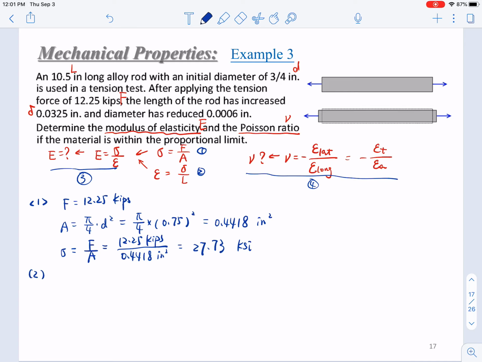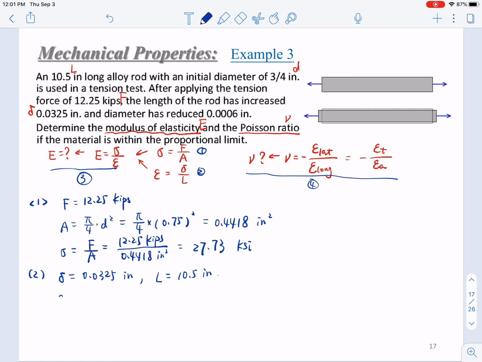Then the second step, we're determining epsilon. So we need to know the delta and L. What is delta? Delta here is 0.0325 inch. That has been given. Now what is L? 10.5 inch.